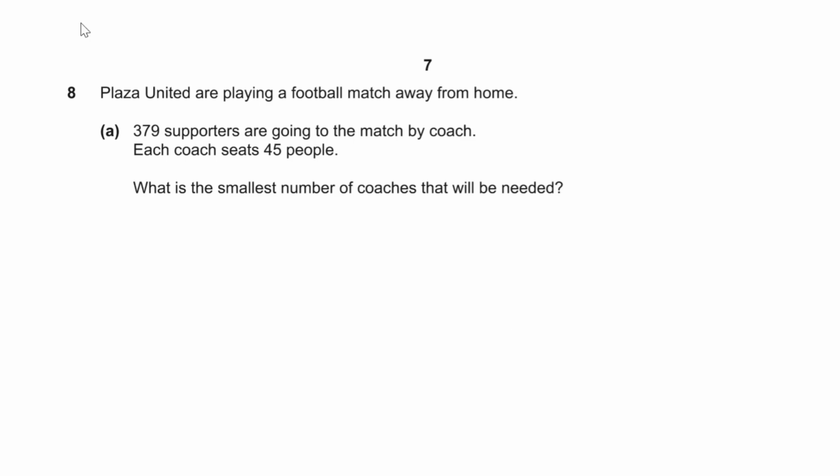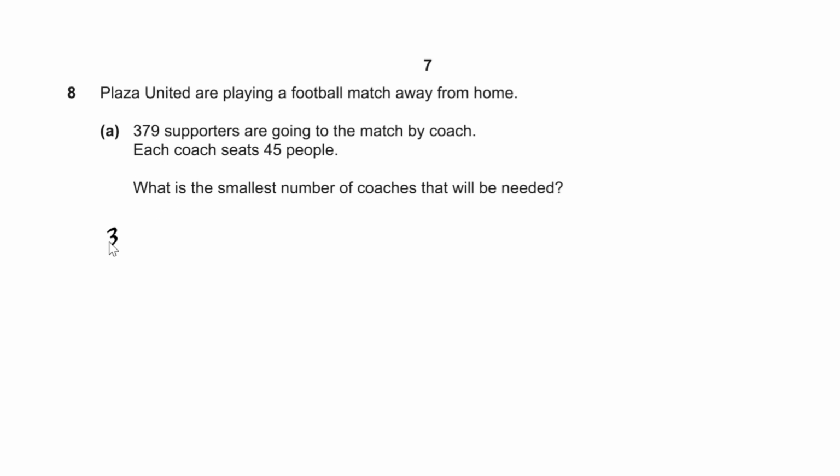Question number 8. Plaza United are playing a football match away from home. 379 supporters are going to the match by coach. Each coach seats 45 people. What is the smallest number of coaches that will be needed? Well, what we need to do over here is find out how many 45s go into 379, and that will tell us how many coaches we need.